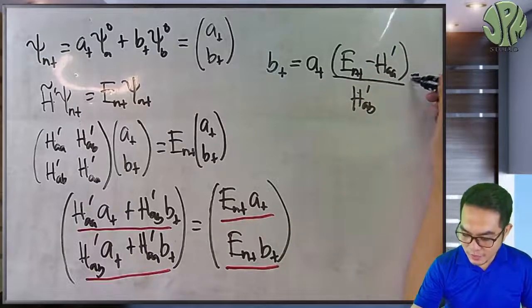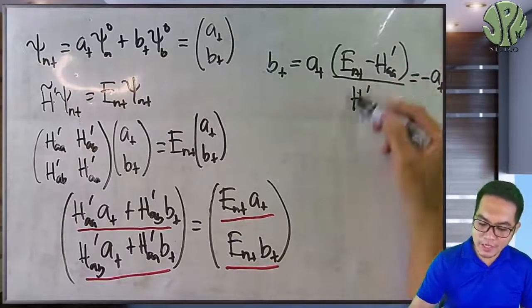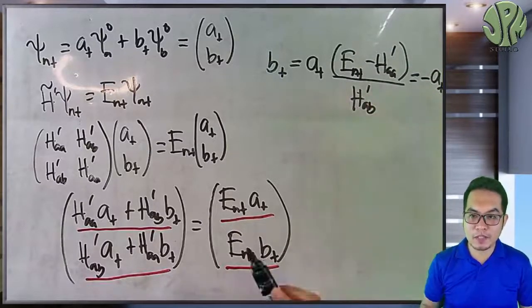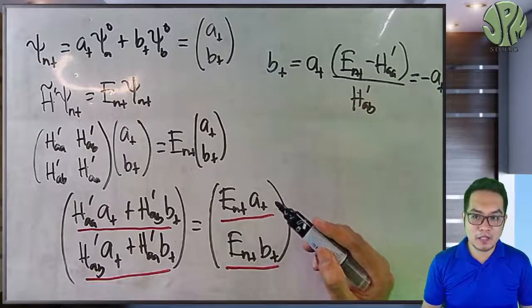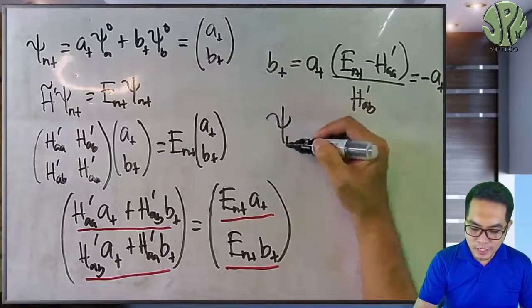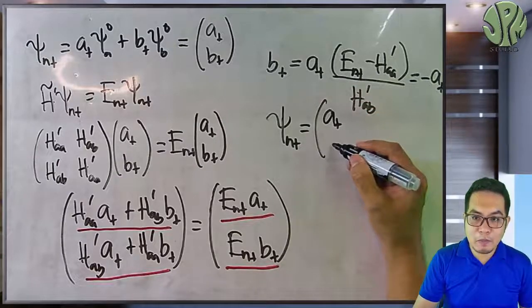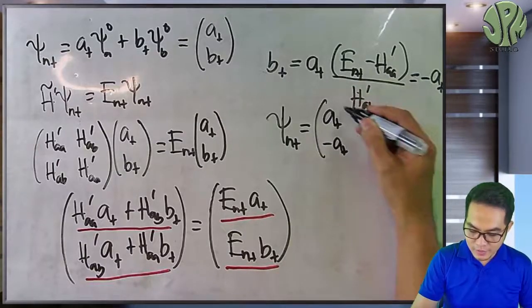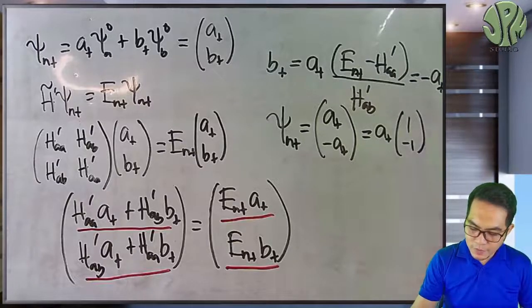So this is actually -1 if you substitute all of these values here. Meaning B plus is equal to negative A plus. Therefore psi n plus is equal to A plus, and B plus is equal to negative A plus. You take out A plus and you will get 1, -1.